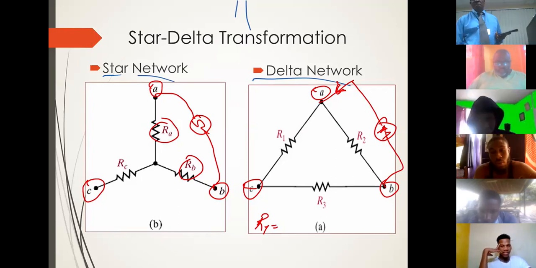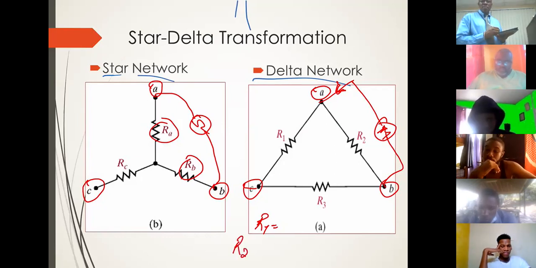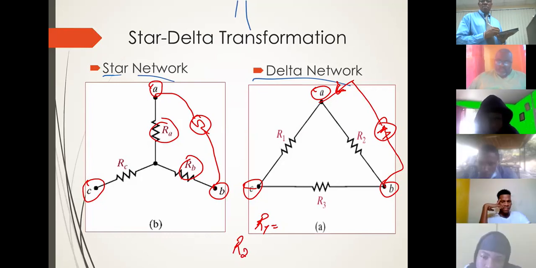Come on, talk to me. It's R1, R2 plus R3. So it's R2 plus R1 plus R3. They are not in series. Would that current pass through the... It will be R2 in parallel with R1 plus R3.